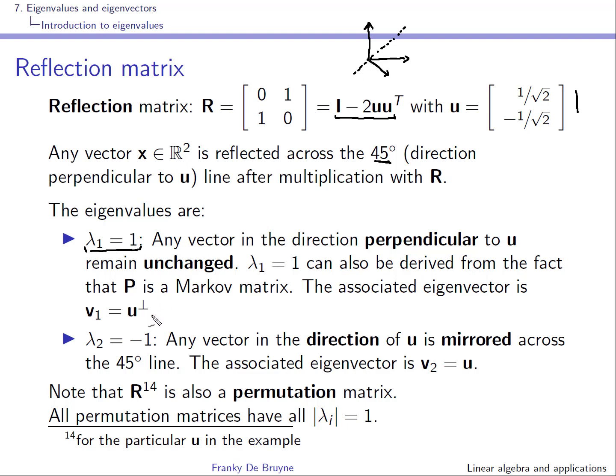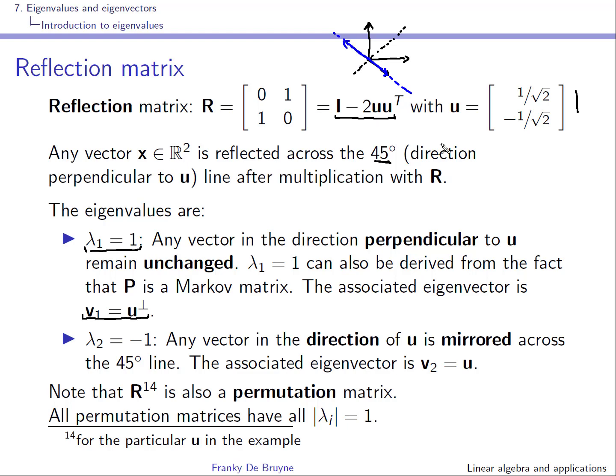So let's take the unit vector that is perpendicular to u and we'll denote it like this, right? So now if we take a vector that is on the direction of u, for instance the vector u itself, this one will be mapped to this vector over here.